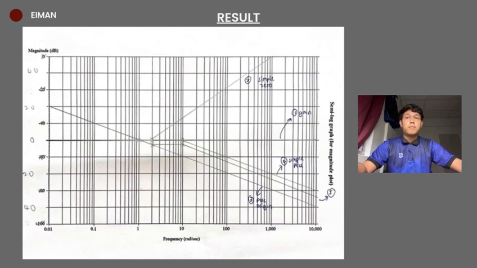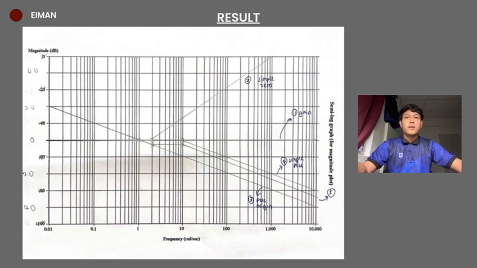Next, we consider the pole at the origin, which comes from the 1 divided by jω term. A pole at the origin causes the magnitude to decrease with a slope of negative 20 dB per decade. So from the start, our plot drops with a slope of negative 20 dB per decade.